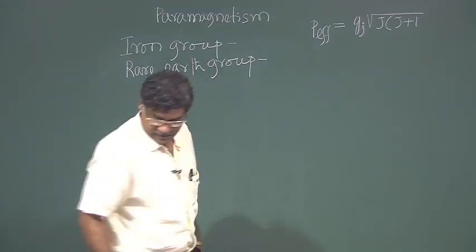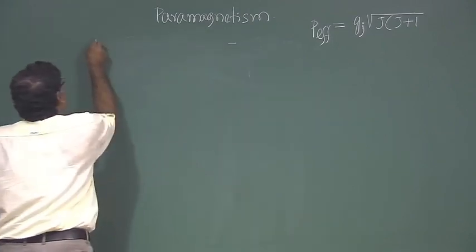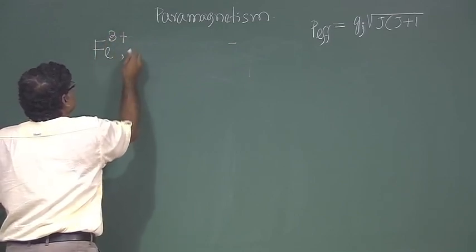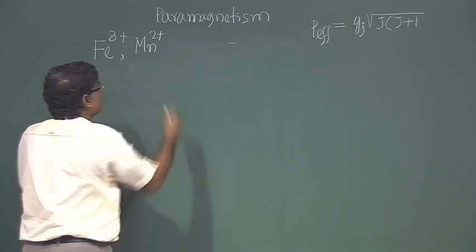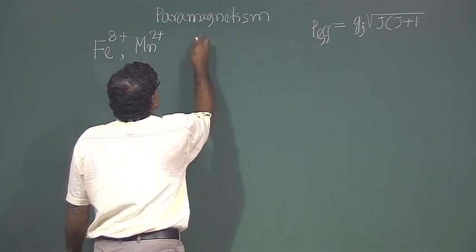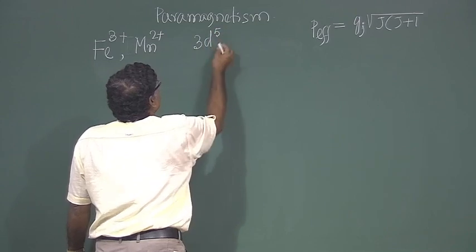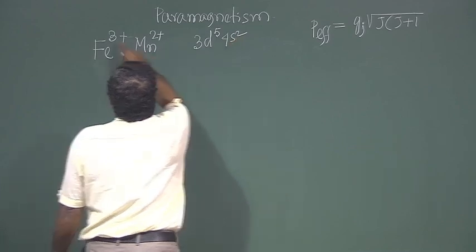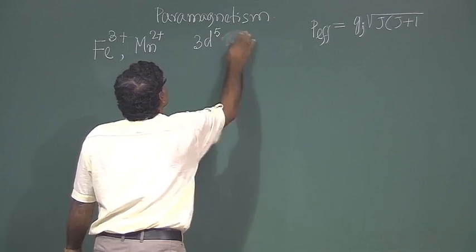If I consider iron 3 plus and manganese 2 plus, both are having the same number of d shell electrons, 3d5. The 4s2 has gone, ionized.